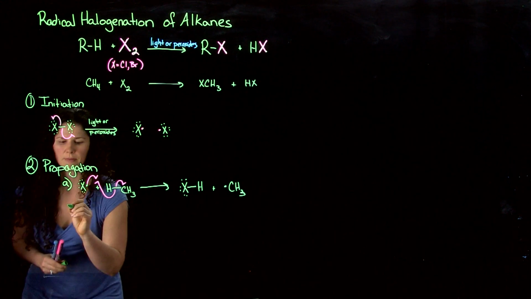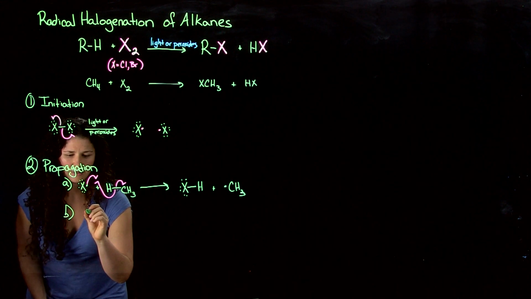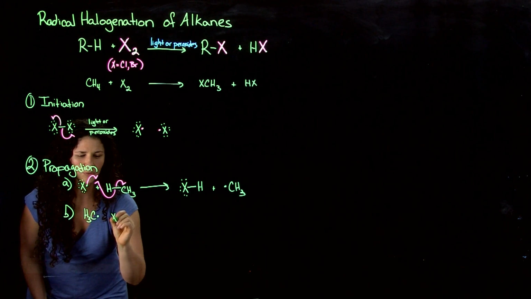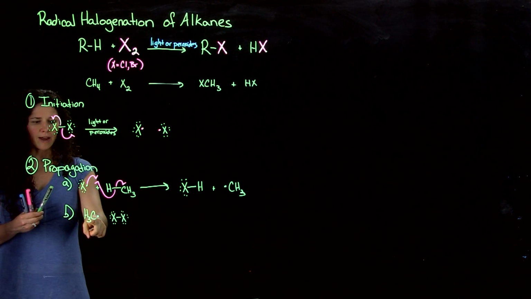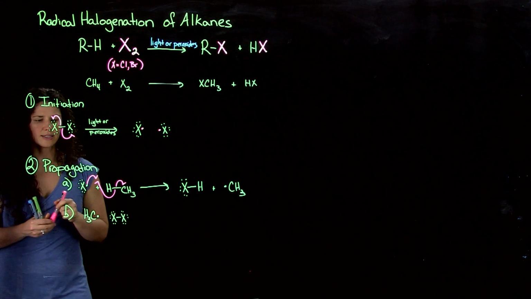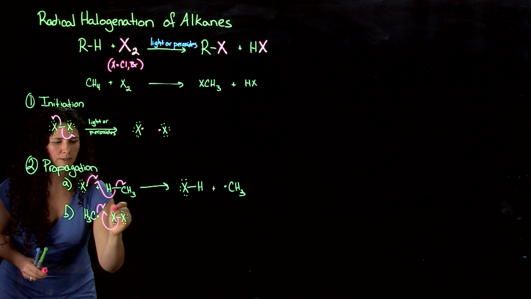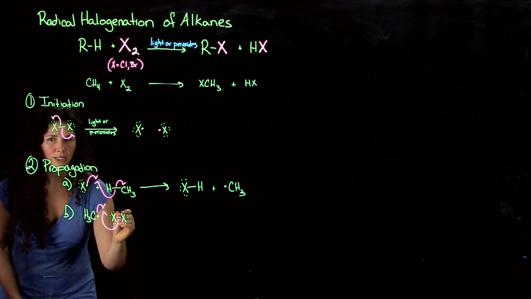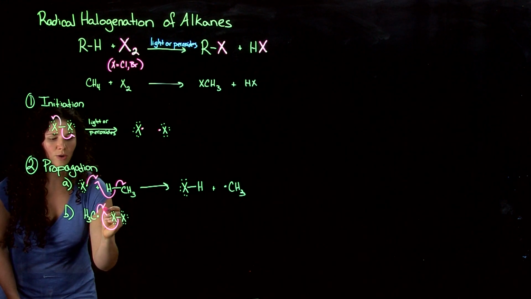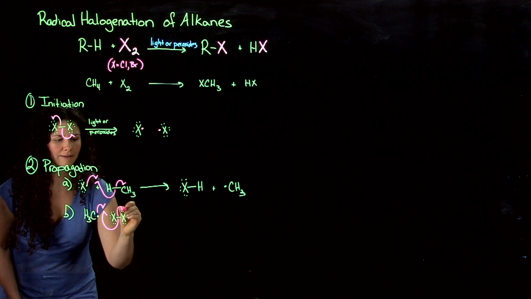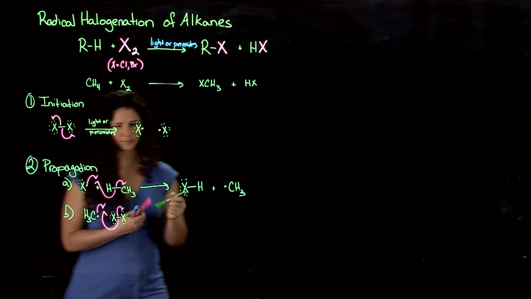I'm going to call this propagation step B, and I'm going to take this methyl radical and react it with another molecule of X2. This radical is going to react with this dihalide and make a new bond. I'm breaking this bond in a homolytic fashion. One of the electrons is going to combine with this electron to make a new bond, and the other electron in this bond is going to be left on the second halogen.